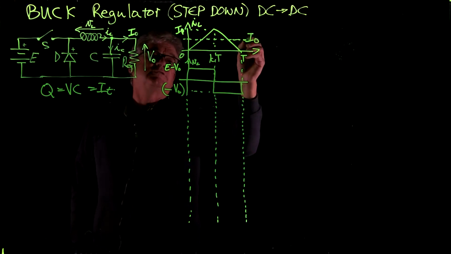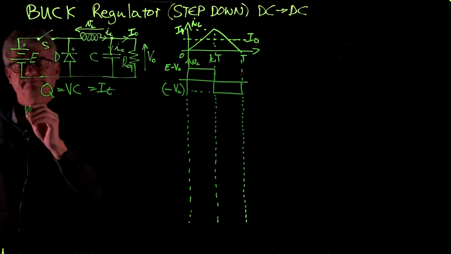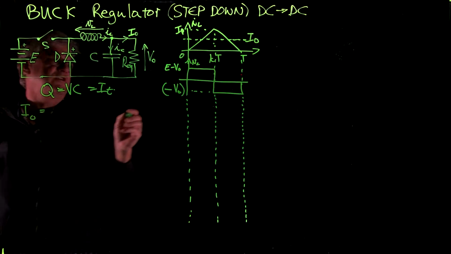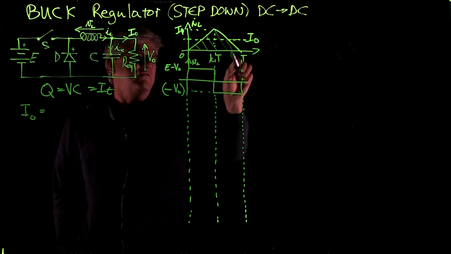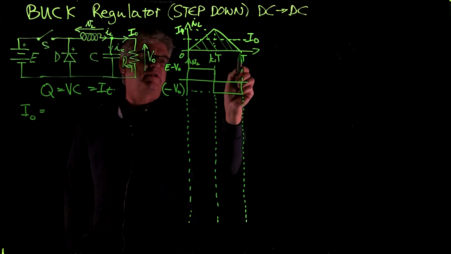Now, I out is equal to the area underneath the graph here divided by the period.